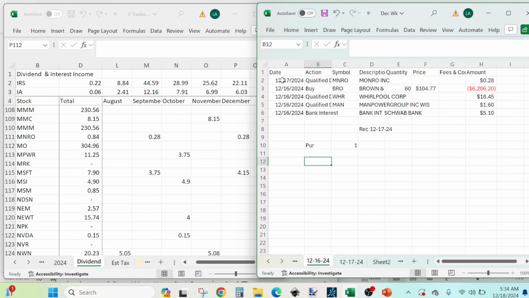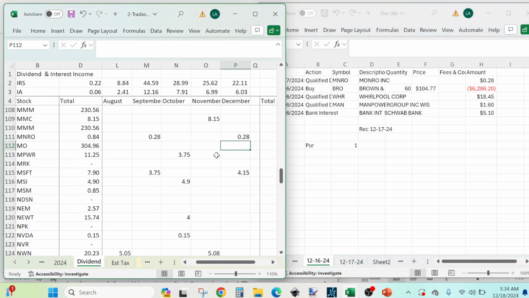Yeah, okay, so this transaction is for yesterday. It was not for the 16th, although I'm not seeing it here, which is confusing because I thought I entered it.